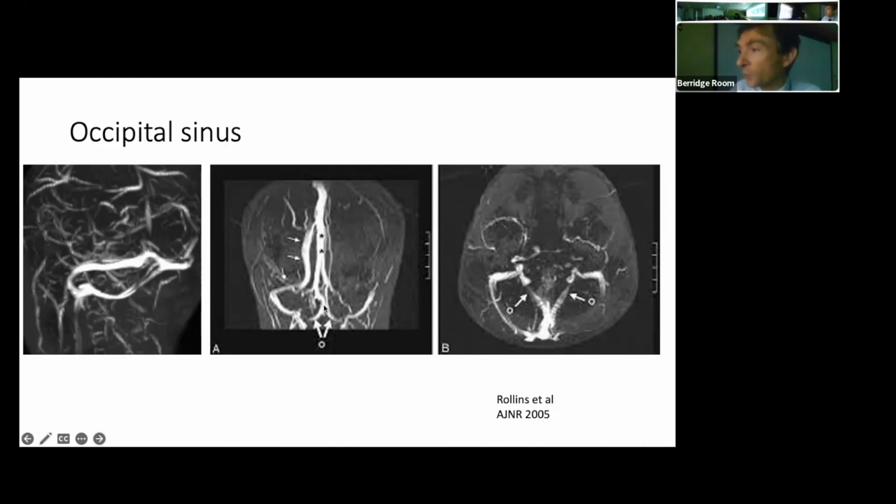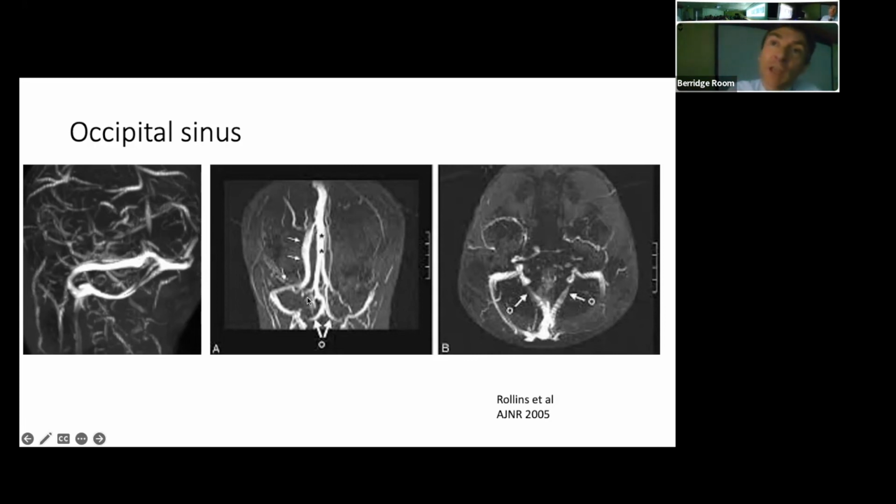But you can see at the bottom, there are these two occipital sinuses that run from the transverse sinus to the jugular vein. And they've shown it here on the axial maximum intensity projection, running from one of the transverse sinuses over to the jugular bulb on each side.